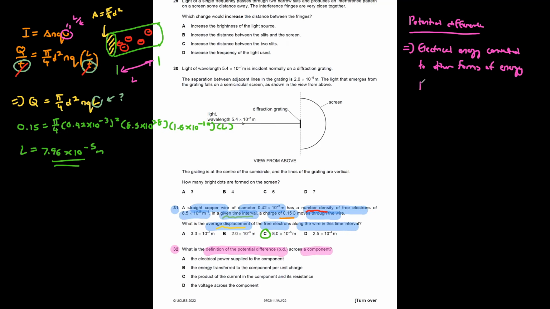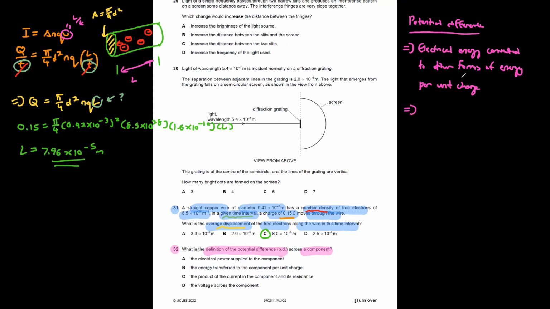Okay, so that's for question 31. And then if you look at question 32, what is the definition of potential difference across a component? Okay, so when it comes to potential difference, the formal definition of potential difference is electrical energy converted to other forms of energy per unit charge.